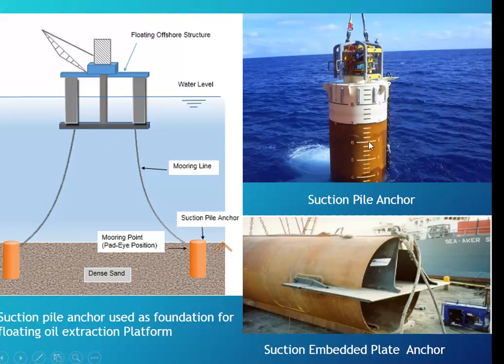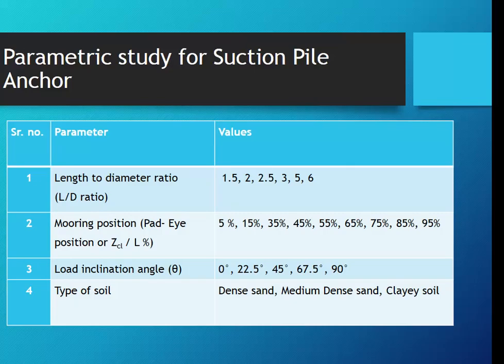Here I analysed two types of anchor, taking three types of soil bed, and used two types of software: the suction pile anchor in MIDAS 3D and the plate anchor in Plaxis 2D, decided based on the literature.